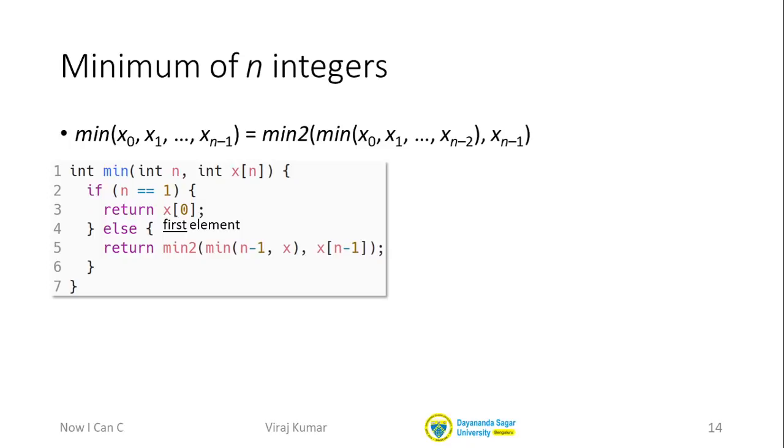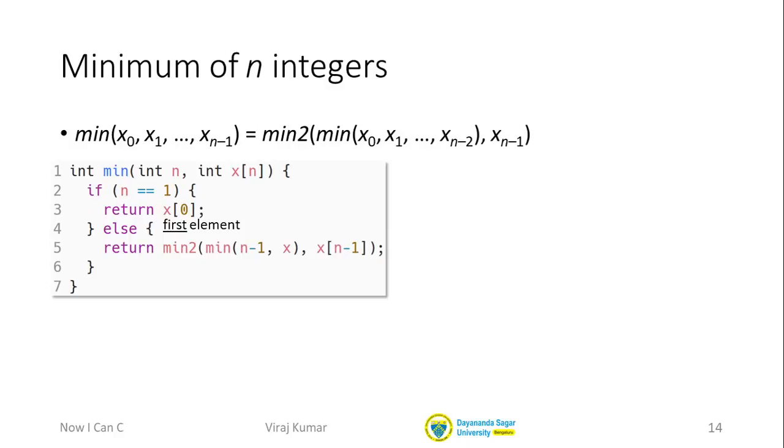That's the second argument of the inner min function. And the first argument is n minus 1. So we're saying in that array, in that list of n elements, just consider the first n minus 1 of those and tell me the minimum of those. So that is my recursive call.